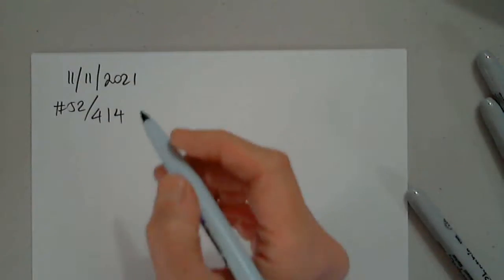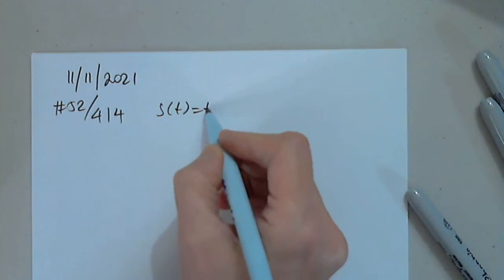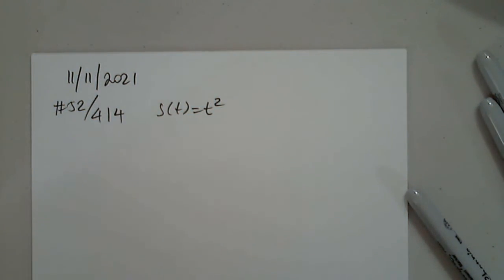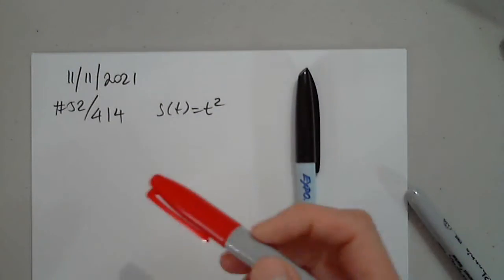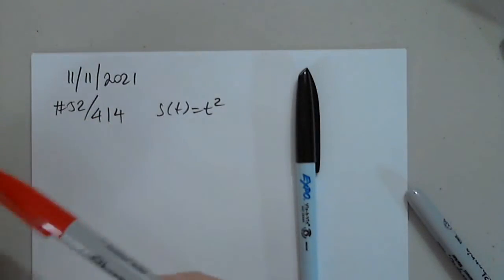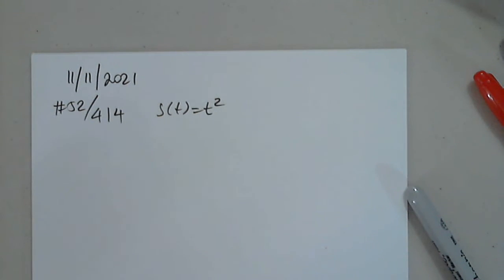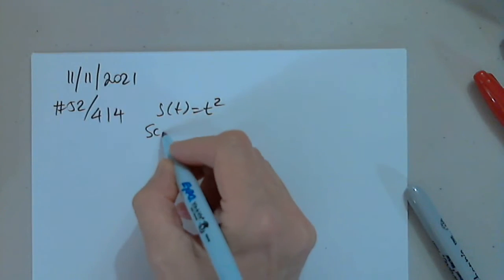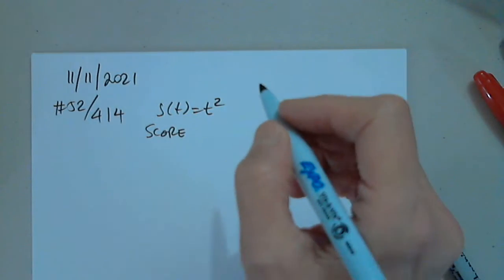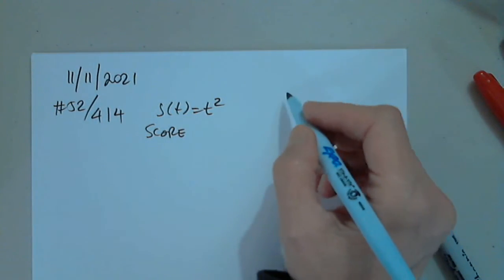So it's 52. Okay, so we have S of t equals t squared. Is this good enough, or does it have to be a thicker marker? That's good. Okay, so this is the score, and t is hours.